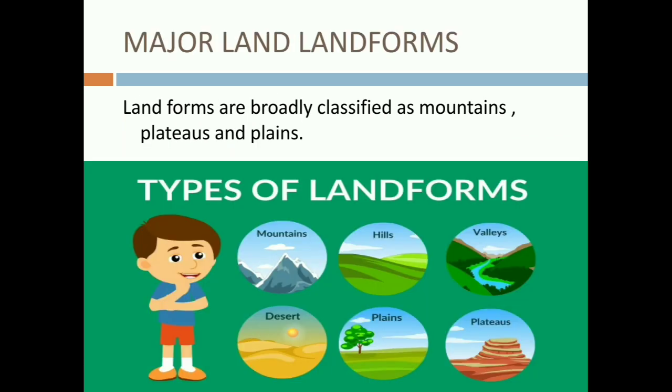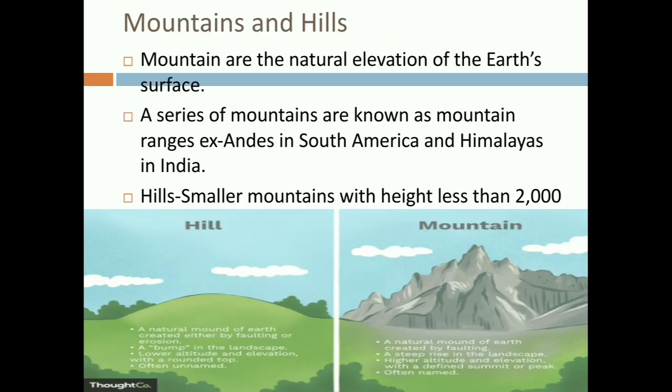Major landforms. Landforms are broadly classified as mountains, plateaus, and plains. Let us see how the various landforms are formed. Mountains and hills. We are discussing 2 points about this.